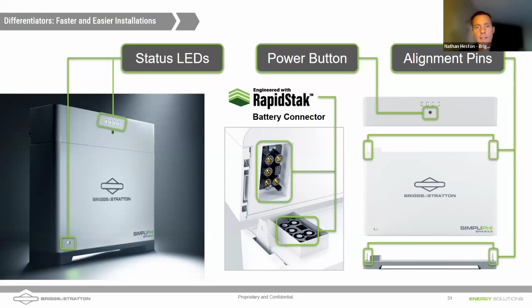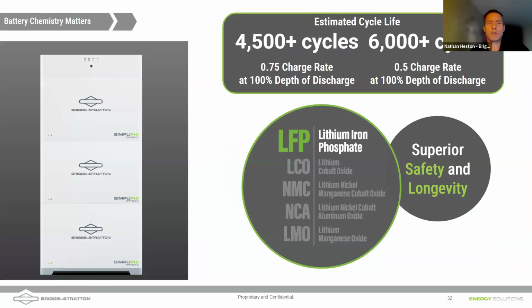The gold-plated connectors that you see there are Briggs & Stratton's rapid stack connector. It allows all of the battery communications and power to be connected through those press fit pins. That means there really are no wires between the batteries. It's just an easy installation, and these batteries go together.